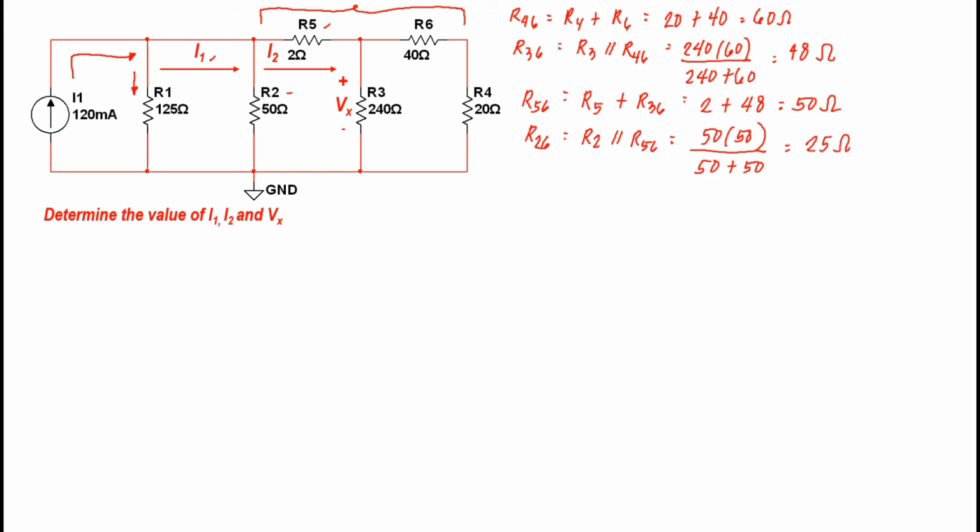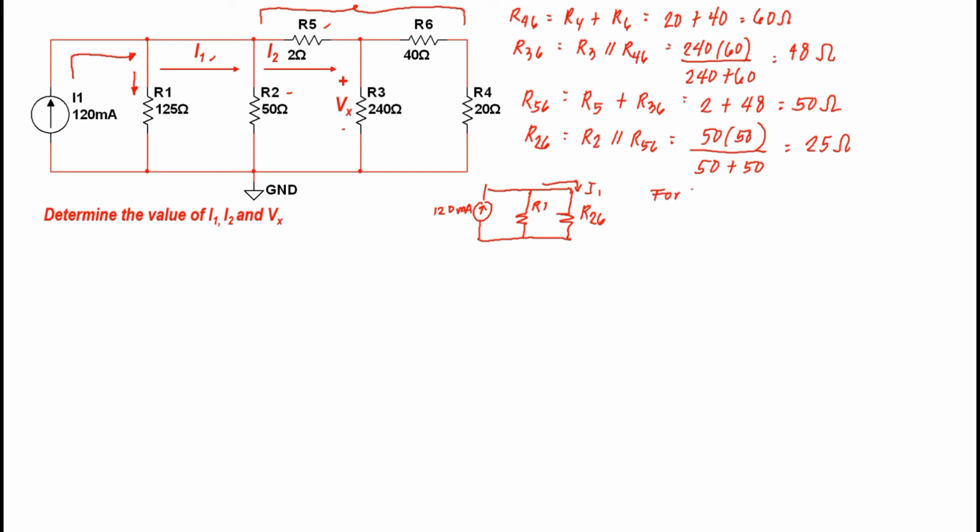Now, if we redraw this one, we have here 120 milliampere, and this is the R26, the 25 ohm, and we have here the R1, and this is the I1, the one that we are looking for. So how to find the I1 using current divider?